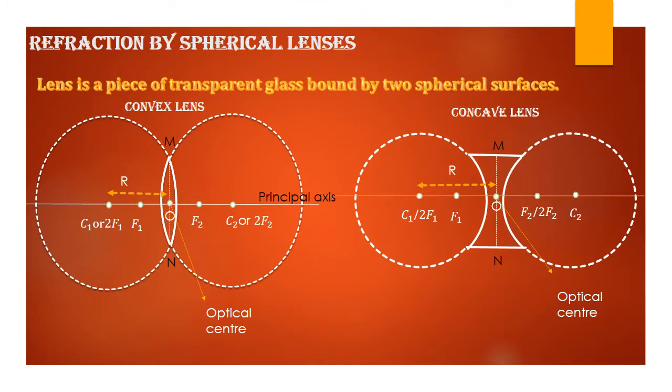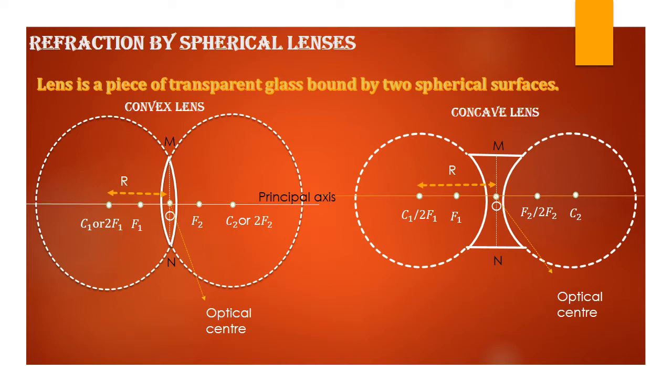So children, what is a lens? A lens is a piece of transparent glass bound by two spherical surfaces. Each of these surfaces forms a part of a sphere. The centers of these spheres are called centers of curvature of the lens. The center of curvature of a lens is usually represented by the capital letter C or 2F.